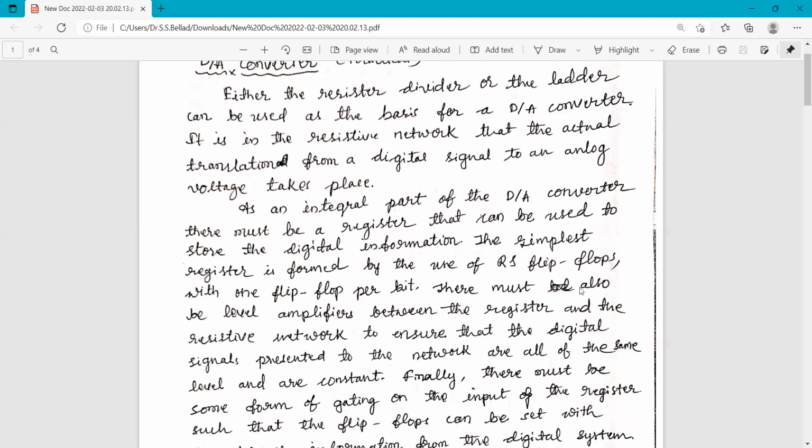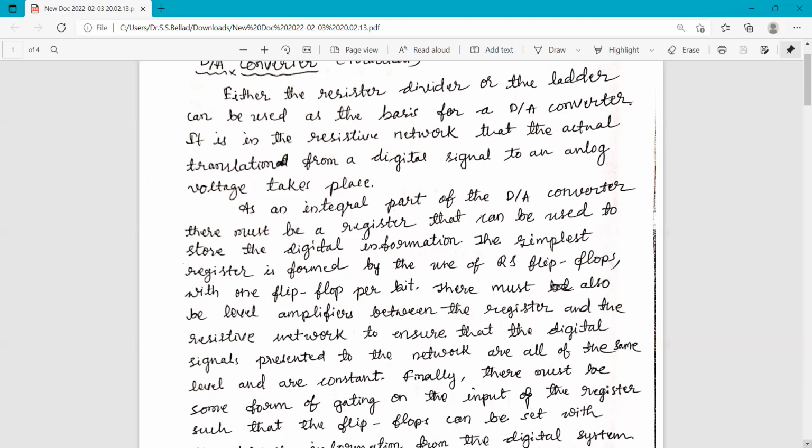There must also be level amplifiers between the register and the resistor network to ensure that the digital signals presented to the network are all of the same level and are constant.